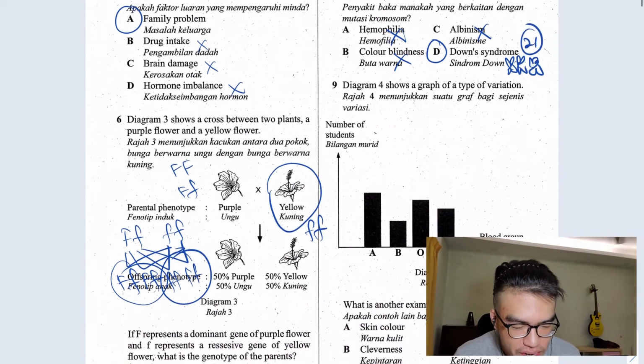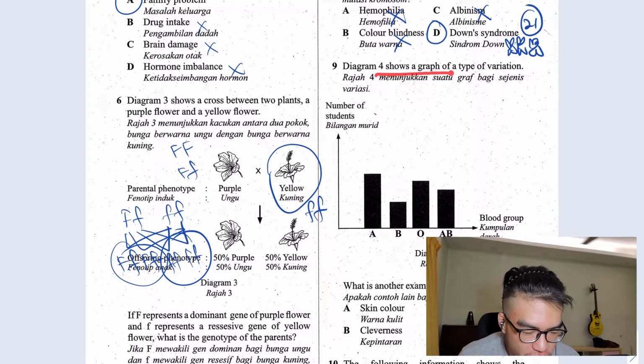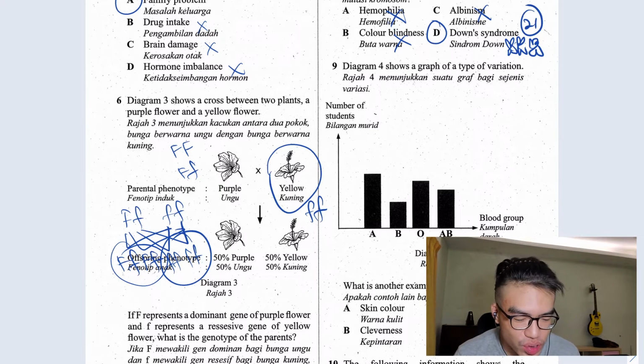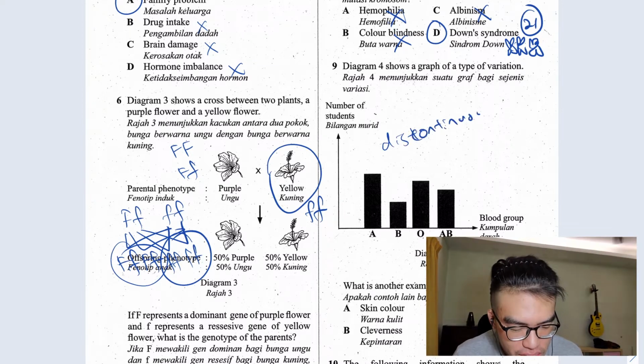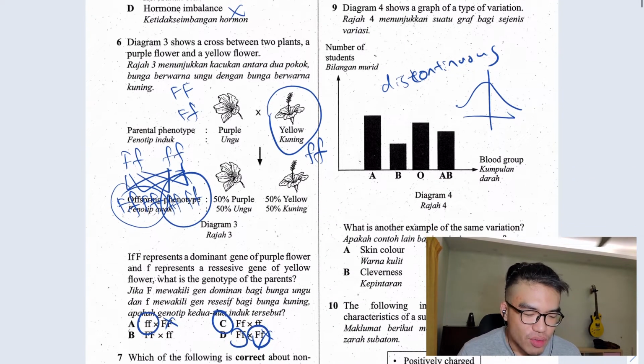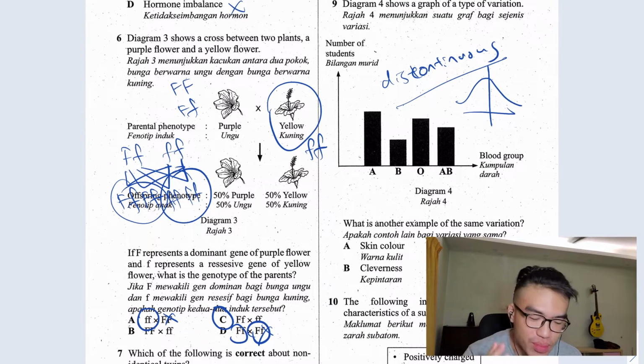Moving on. Question 9 shows a type of variation. When you see they can be separated into 4 clear distinct classes, we know this is discontinuous. So the continuous one, you would see a graph that looks like a bell. So that is not it. What is discontinuous? Means you can separate them into classes.